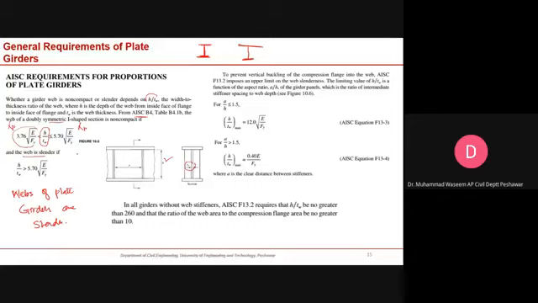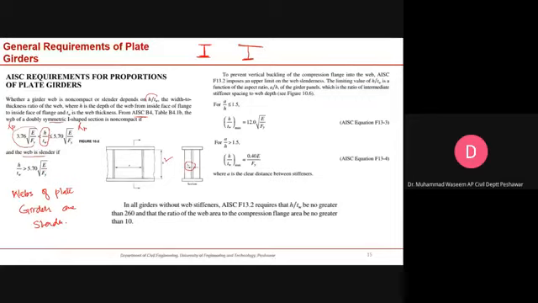You can find that in the book, but to avoid confusion I have not included that information on this slide.